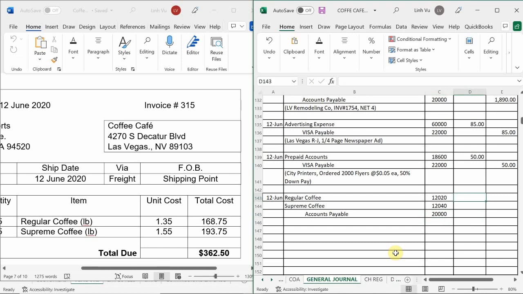So how much is going to go into my regular coffee and how much is going to go into my Supreme coffee?